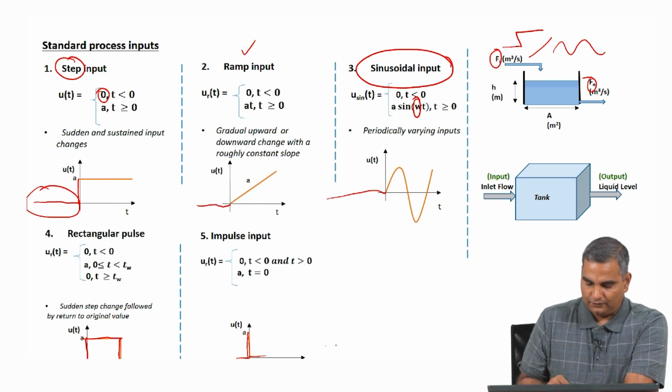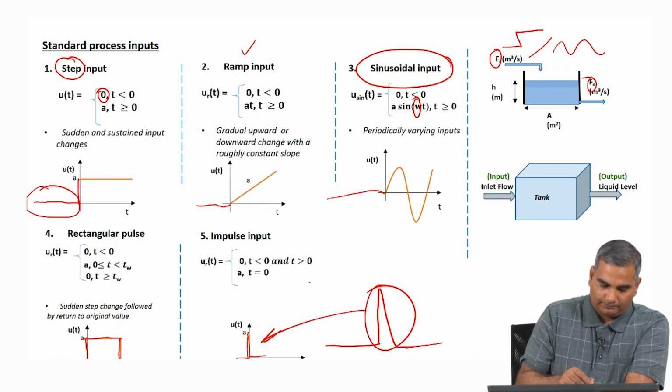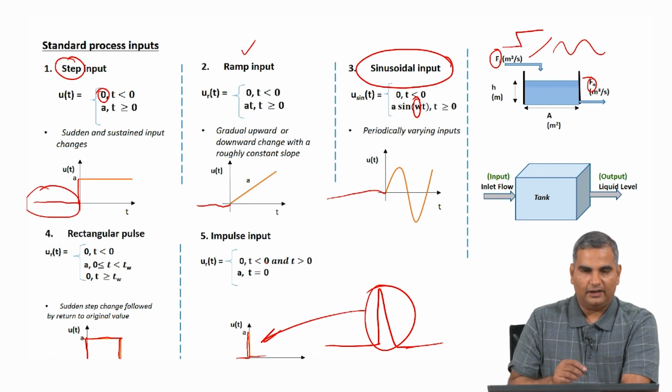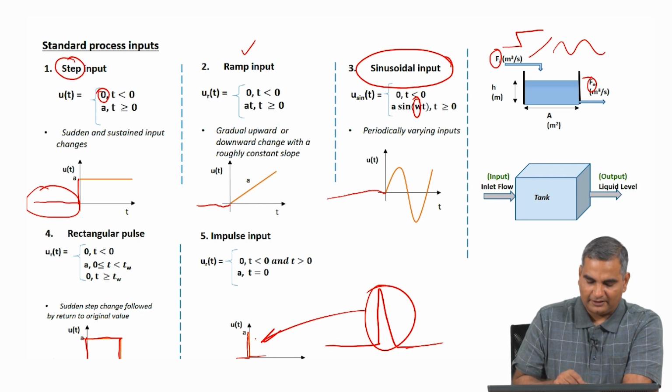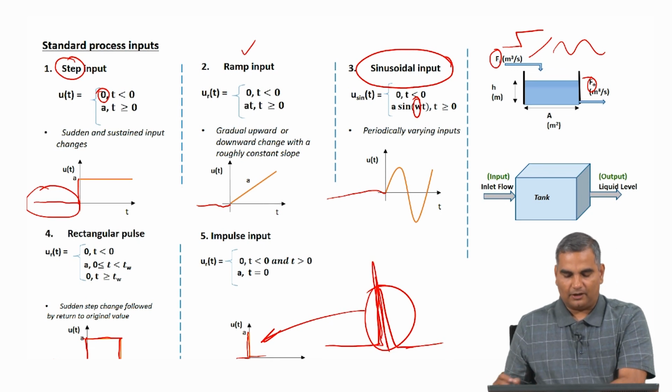So, this is an impulse input. Mathematically you could say it is a when t is 0 and every other time it is 0. You might think of this as a mathematical idealization, and you can get closer and closer to it by making the pulse sharper and sharper.